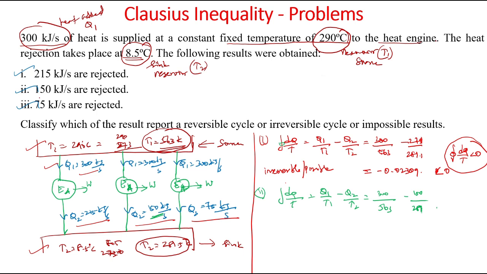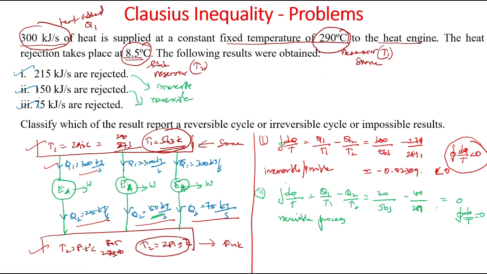Finally, we are getting the value equal to 0. So the cyclic integral of dQ by T is equal to 0. So the second case is called a reversible process. The first one is irreversible, and this one is reversible.